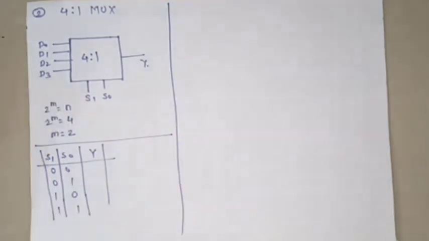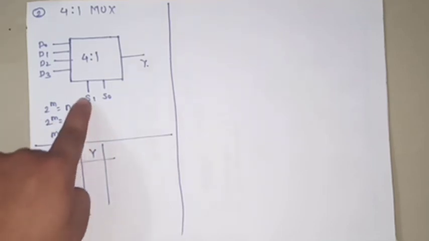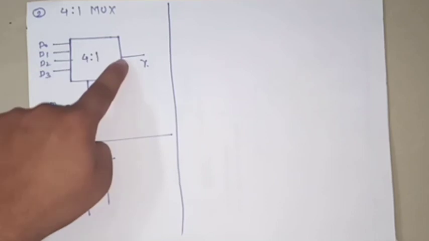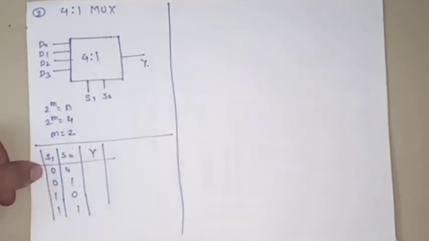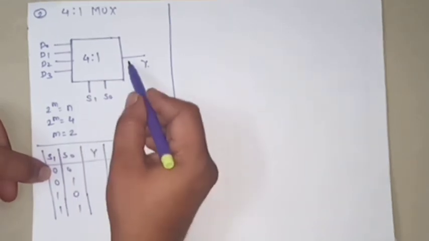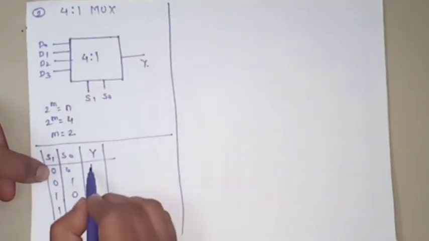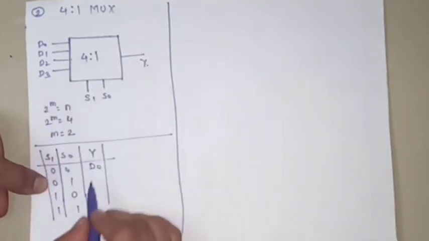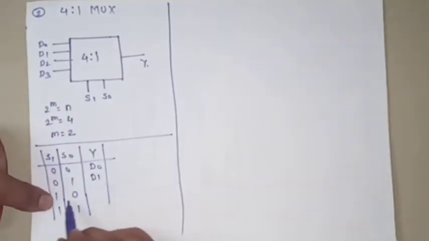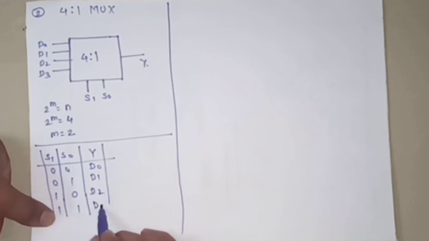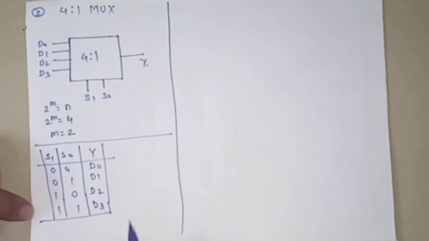The function of the select lines is to select any one of the inputs, and that will be connected to the output. For example, for the initial condition 0 0, Y is connected to D0, so output is D0. For 0 1, Y is connected to D1, so output is D1. For 1 0, the output is D2, and for 1 1, the output is D3. So this is the simple truth table.